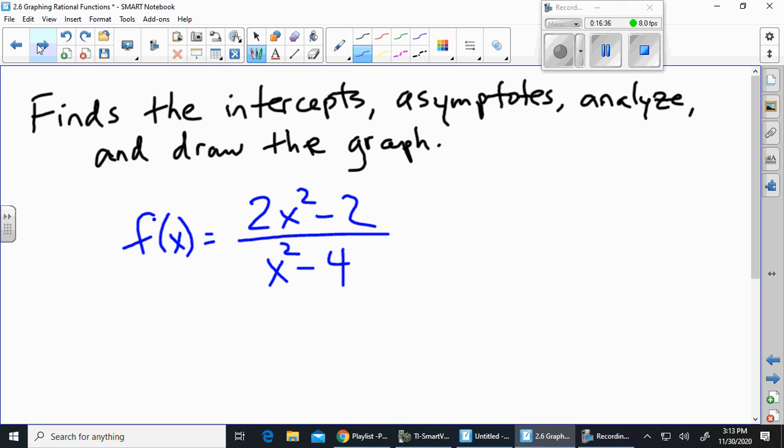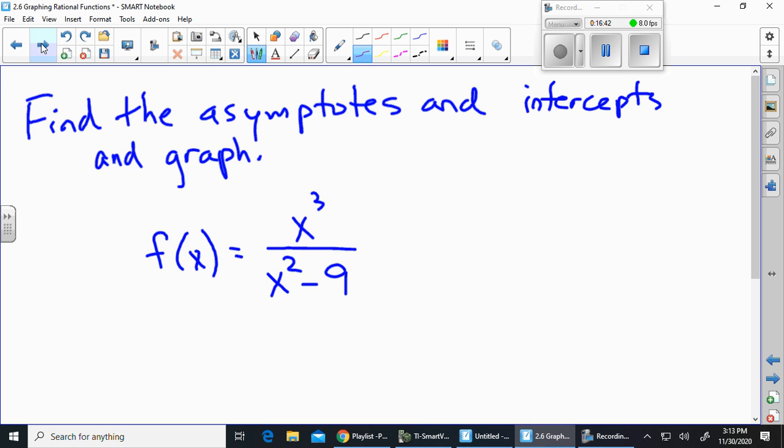So if I did this, actually I want to do one where the top is bigger than the bottom. So let's say I gave you this one, x cubed over x squared minus 9. Again, I'm going to give you vertical asymptote, end behavior asymptote, x-intercepts, y-intercepts.